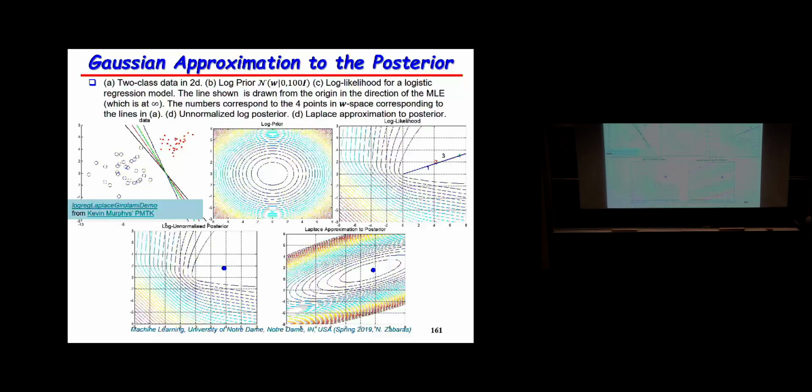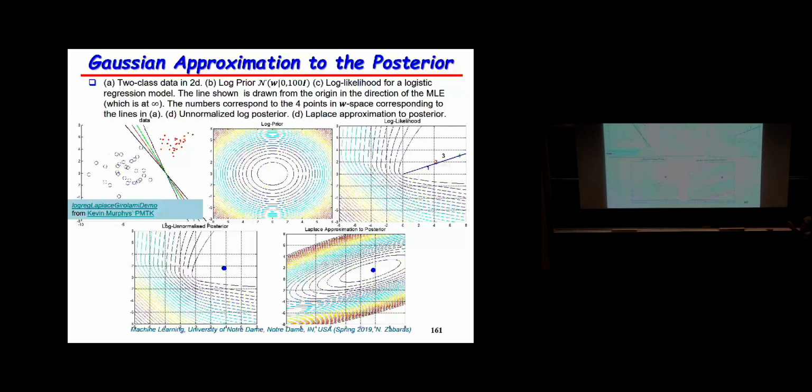This is the log likelihood for a logistic regression. The line shown is drawn from the origin, in the direction of the maximum likelihood, which is at infinity. The numbers correspond to the 4 points in W space corresponding to the lines in A. So these W's, corresponding to 1, 2, 3, 4, give you these regression lines that separate the data.